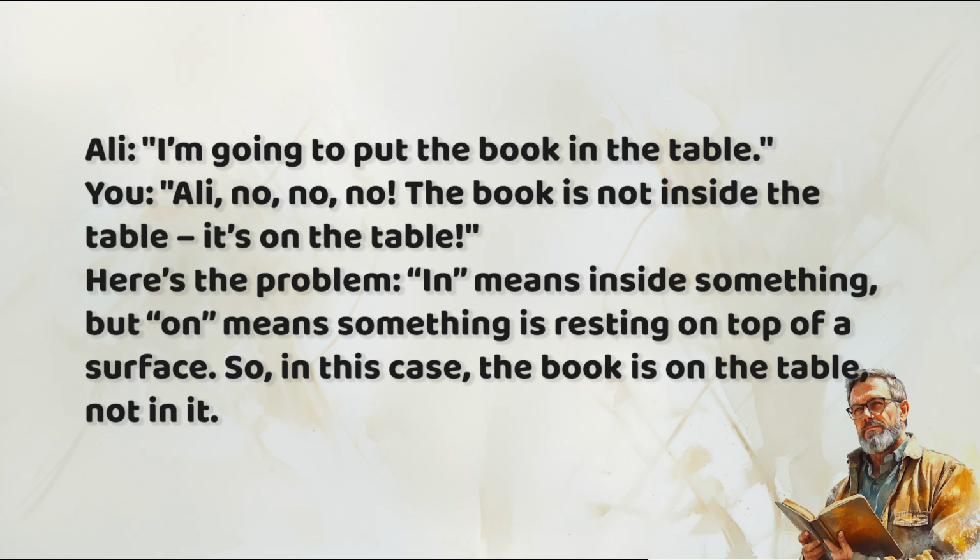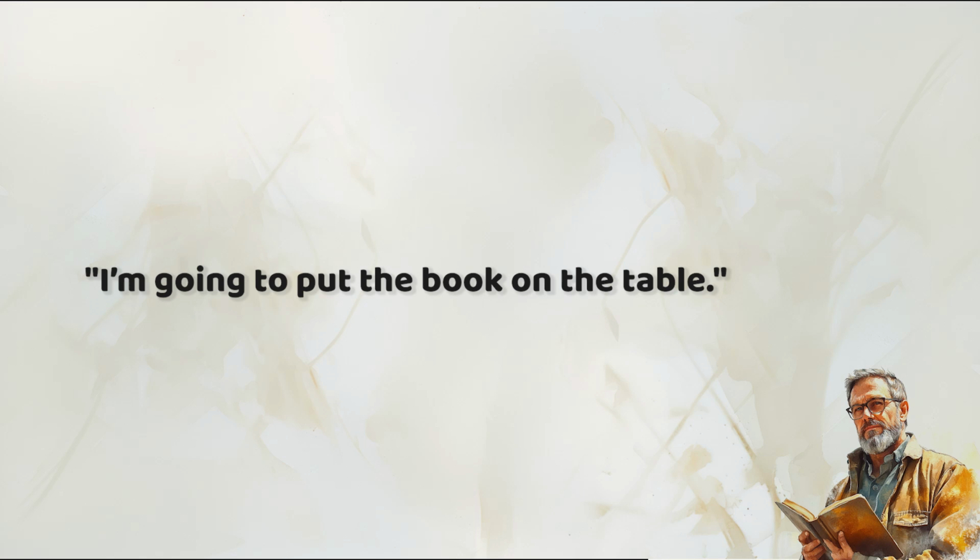Here's the problem. In means inside something, but on means something is resting on top of a surface. So, in this case, the book is on the table, not in it. Correct sentence: I'm going to put the book on the table.